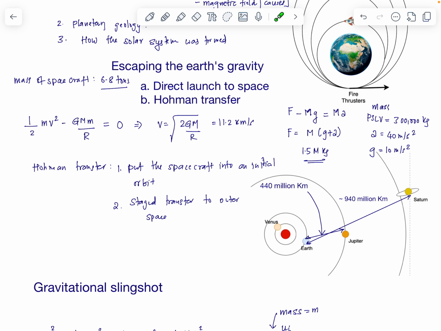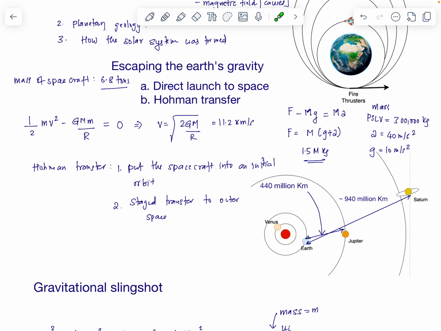For example, I didn't put in Mercury, I didn't put in Mars, but that's for a reason. If you look at the outer planets, Jupiter is about 440 million kilometers away, and that is already pretty far.